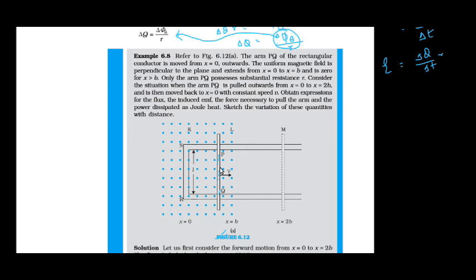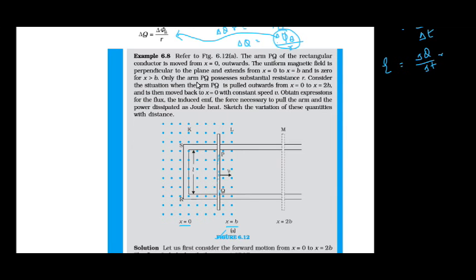So this is the magnetic field, represented by dots, and this magnetic field extends from x equal to 0 to x equal to b. Fine. And it is 0 for x greater than b. So the magnetic field becomes 0 when x is greater than b.